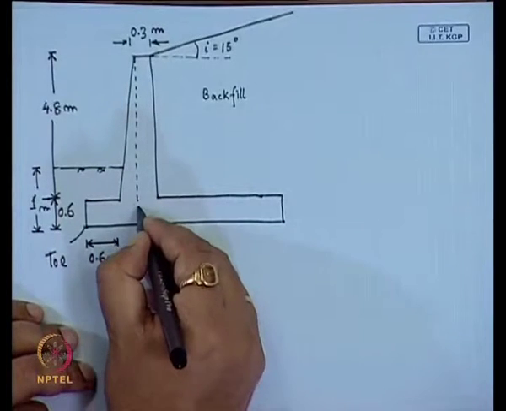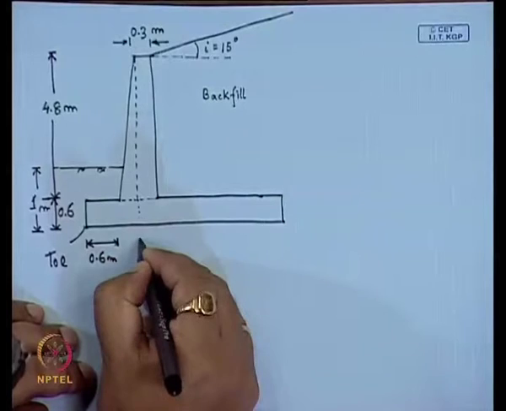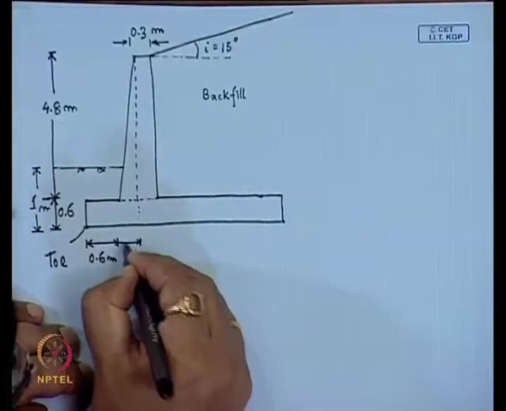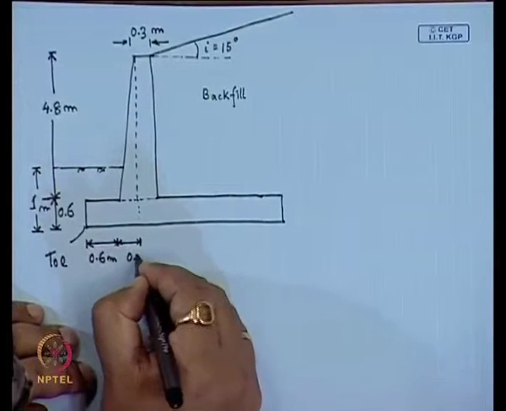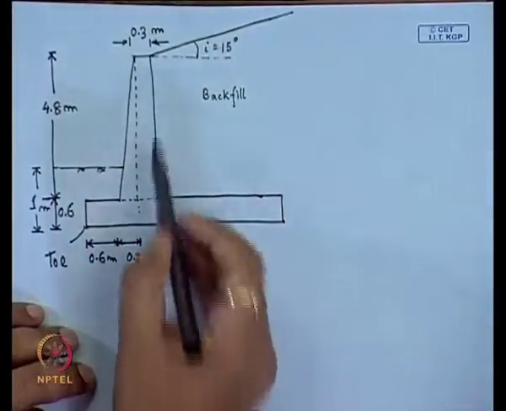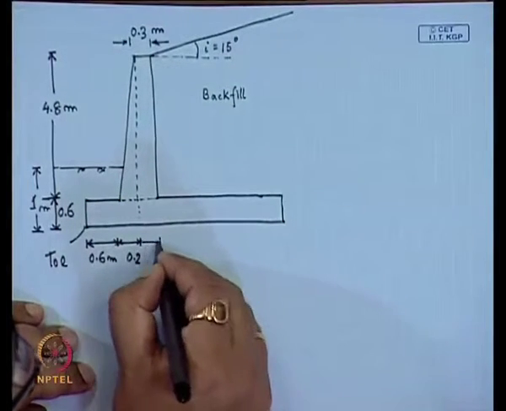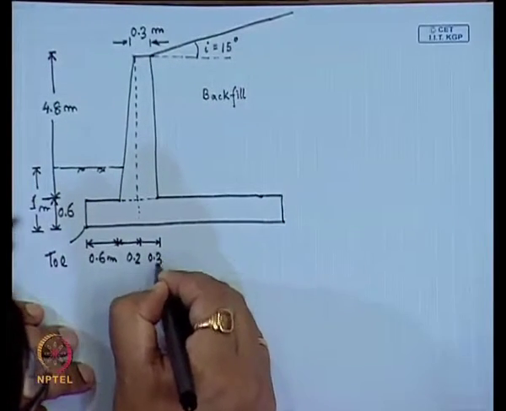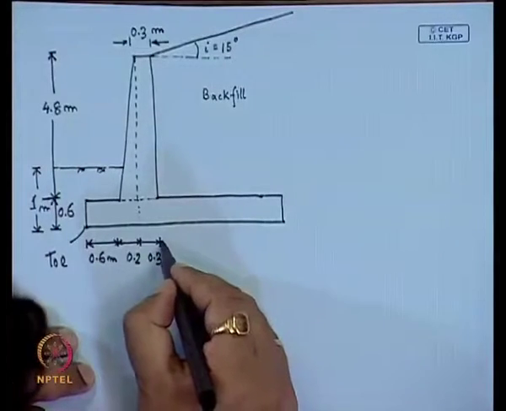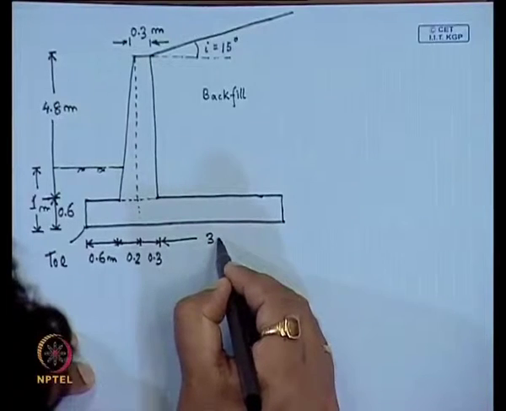Then if I extend this triangular part, this distance is taken as 0.2 meter. As usual, the top portion is 0.3 meter, so this one is also 0.3 meter, and the slab length is taken as 3 meter.